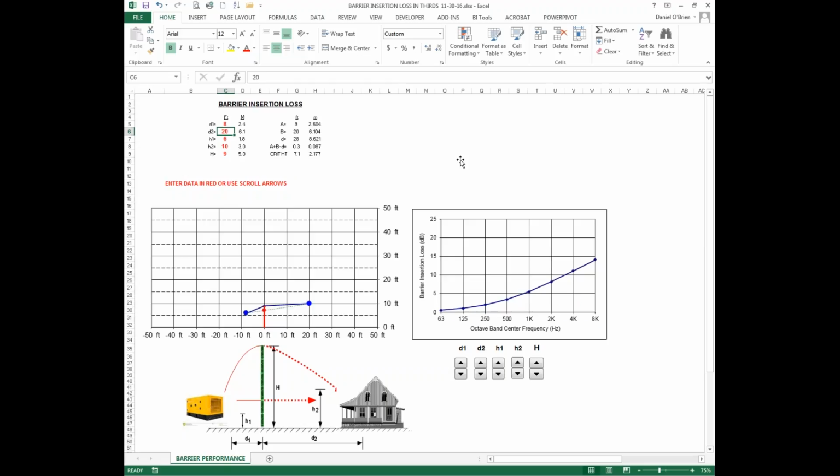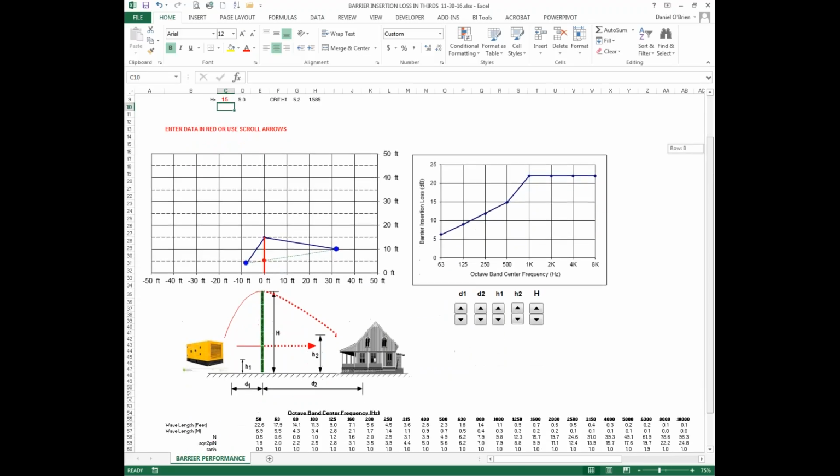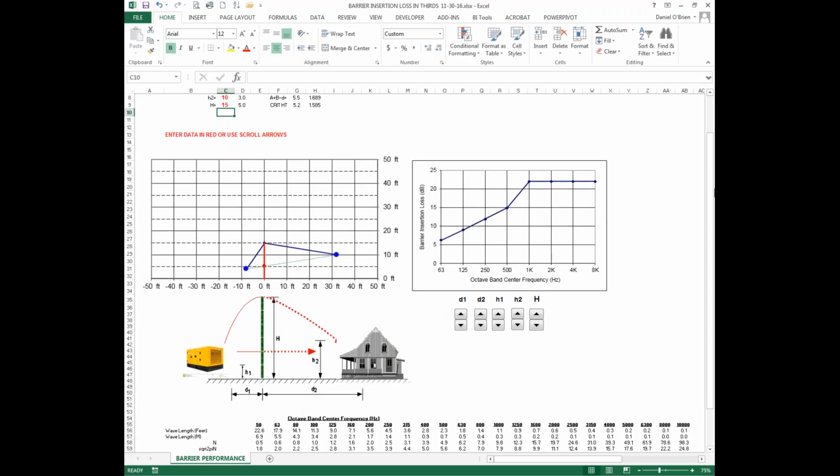We position the source 8 feet from the barrier, the receiver 32 feet from the barrier, the height of the source at 4 feet, the height of the receiver at 10 feet, and the height of the barrier at 15 feet. We're going to get a theoretical barrier performance that looks like that graph over on the right.